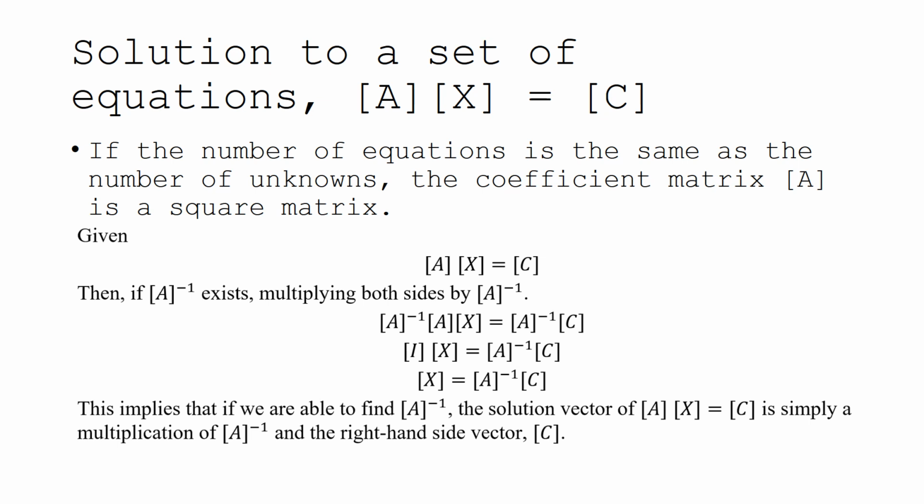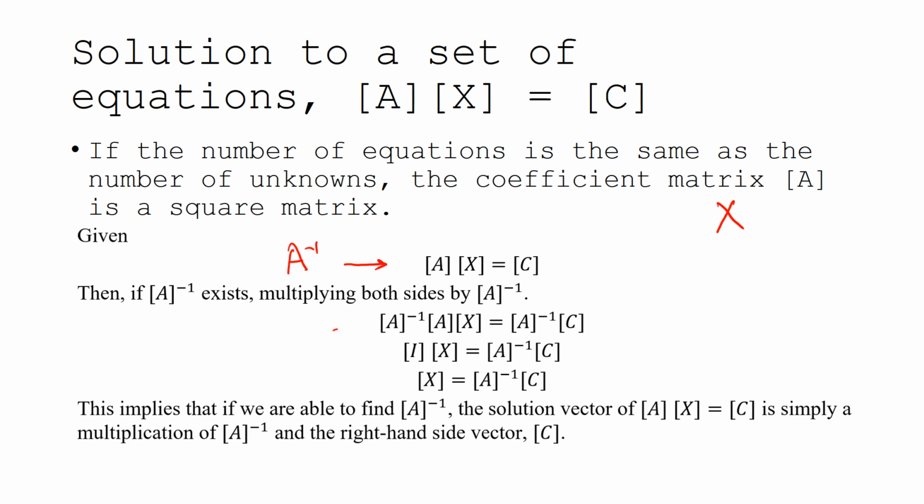After we transformed our linear system of equations into the matrix format, this is the equation that we have. We wish to solve for x, so we wish to have x on one side and everything else on the other side. One way to do so is to multiply this equation from the left by A inverse.